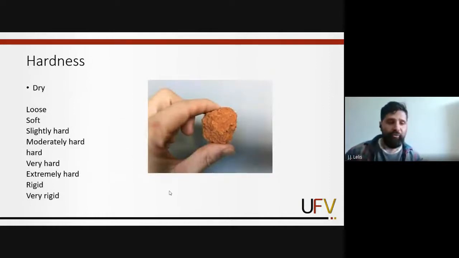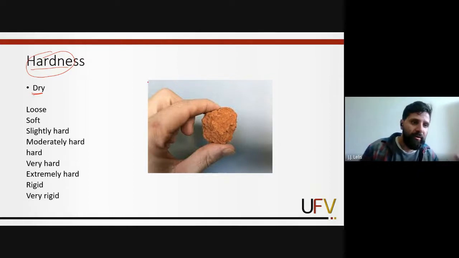And if we start the description of the consistency with dry soil, we should measure the hardness of the material, the hardness of the soil horizon or soil layer, okay? And how should we describe the hardness of a horizon?